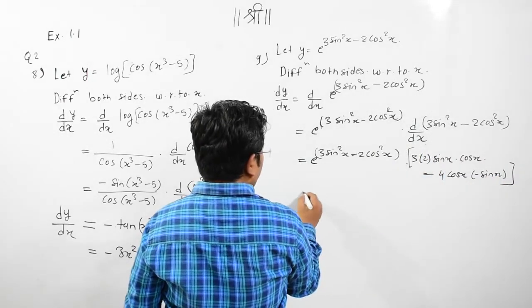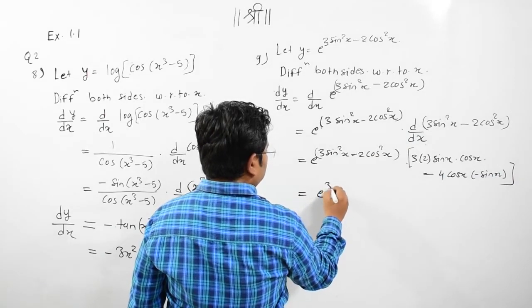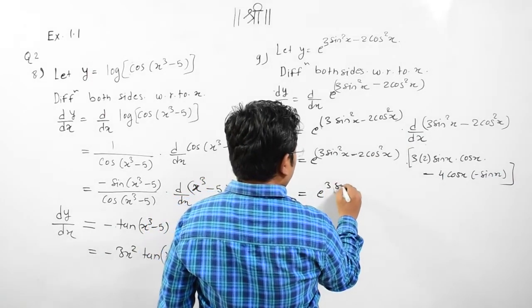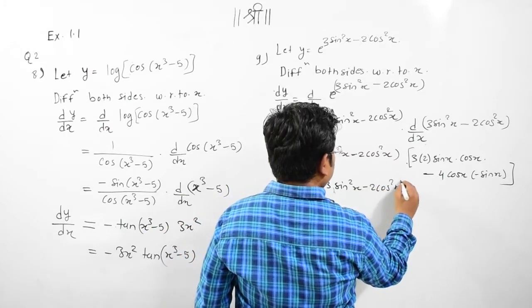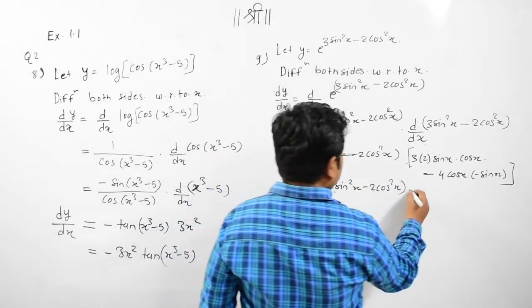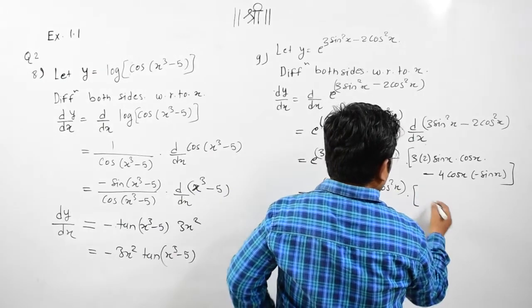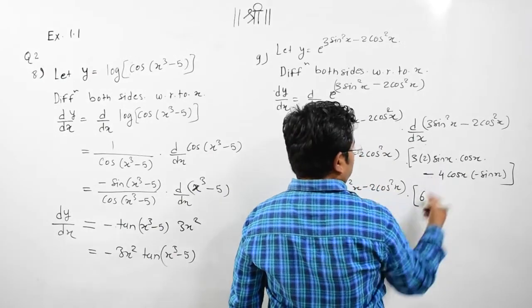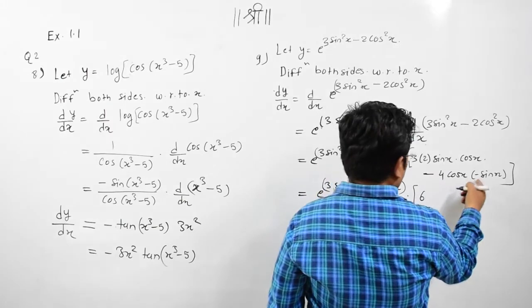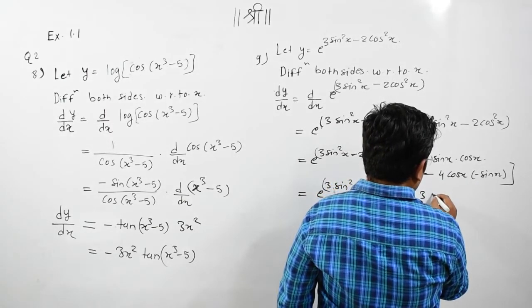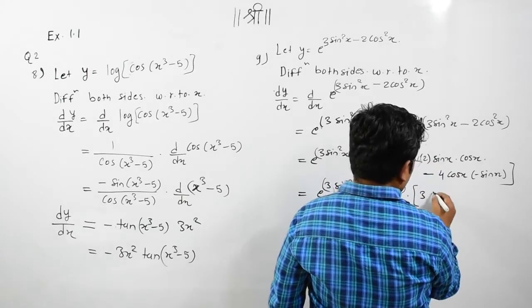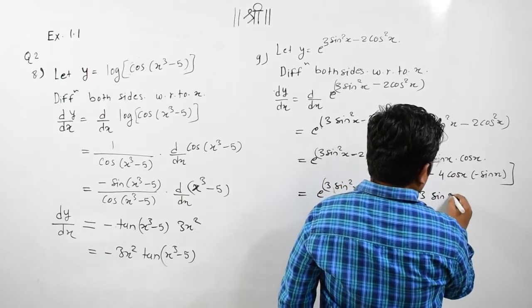Again simplifying the whole term, we will get e raised to (3 sin²x minus 2 cos²x) dot 6 sin x cos x. Here sin x cos x is sin 2x over 2, so this will be 3 into sin 2x.